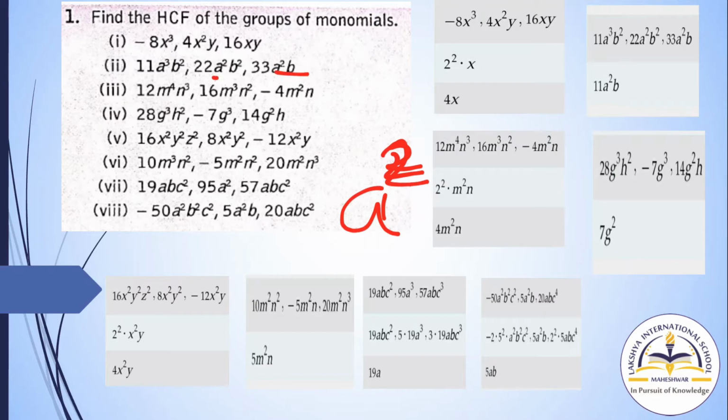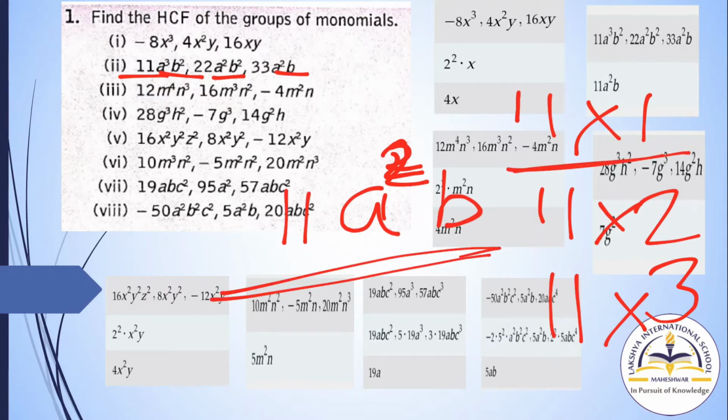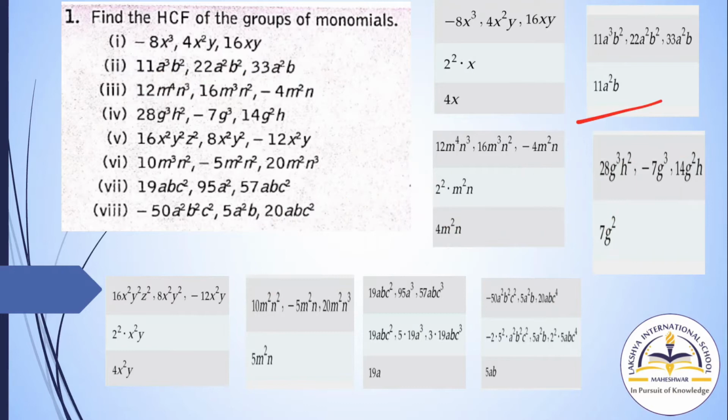Here b, b square and b square, so b will be the common. Now here 11, 22 and 33, 11 into 1 is there, 11 into 2 is there, 11 into 3 is there, so 11 is common for all, so the answer will be 11a square b.